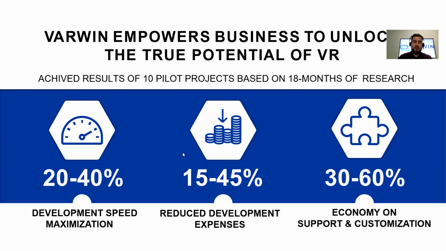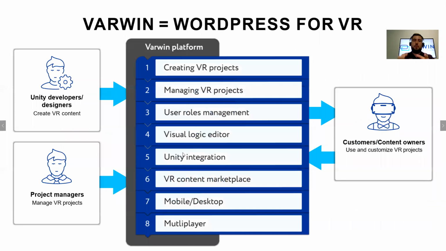And as you can see, results were really amazing. We were able to increase development speed by up to 40%, reduced expenses almost by half, and we have great savings on support and customization, and I'm going to tell you about it in a bit more detail.